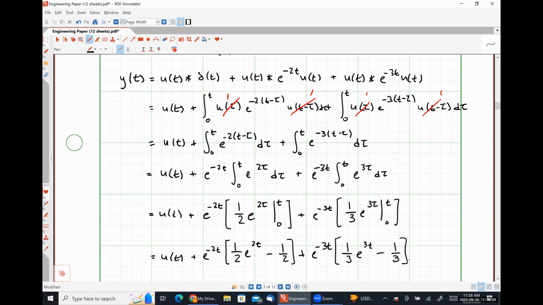I'm staring at my paper here because it looks like I have accidentally misplaced some u of t's, but we know that this thing was evaluated over the interval from 0 to t. So what I am suggesting is that I probably shouldn't have just thrown this thing away and called it a 1 and carried out the u of t.